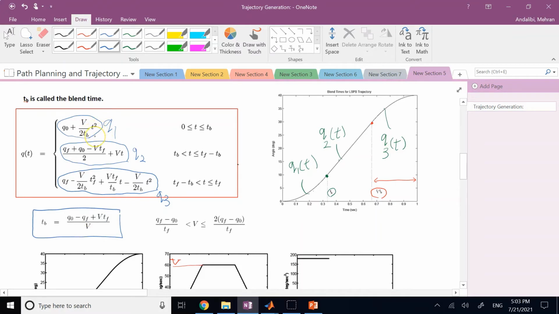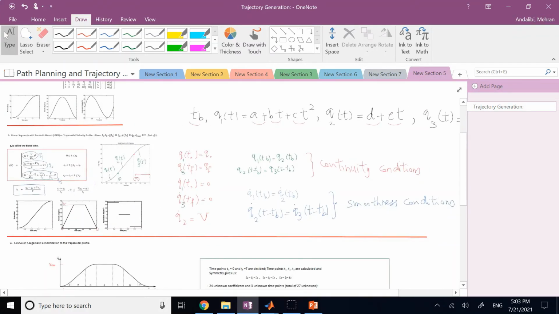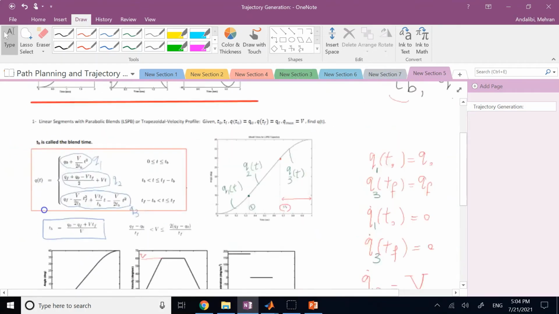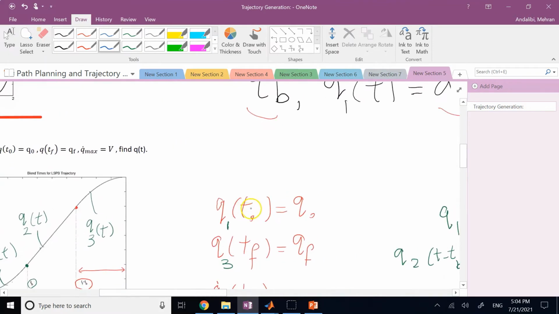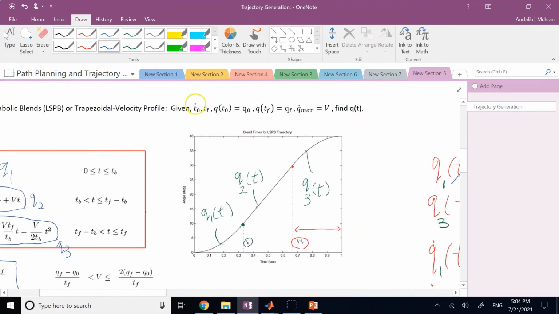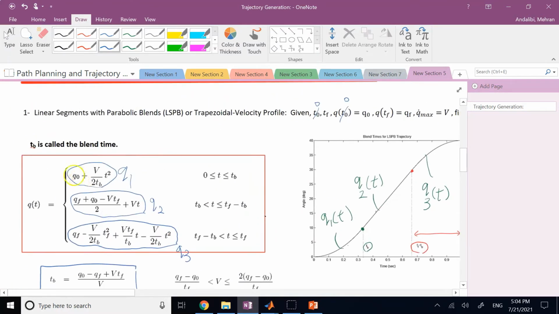And if you check them, you see clearly all of those 9 conditions are satisfied, correct? Like, for example, at t naught equals 0, you have the value to be equal to q0. If you plug in tf here in this last one, correct?